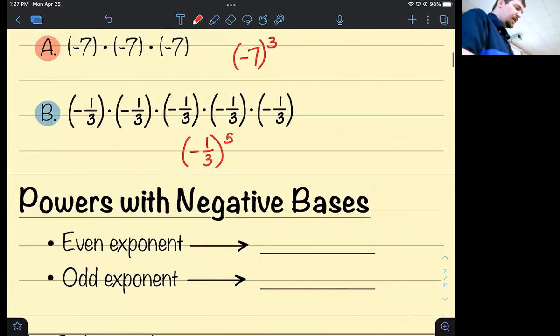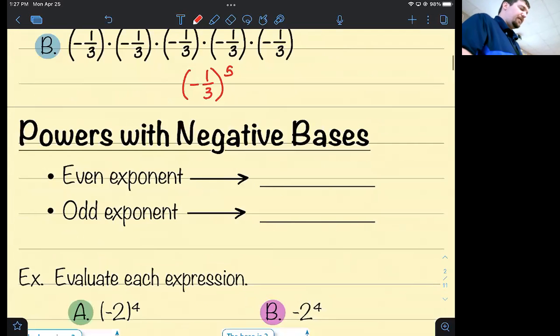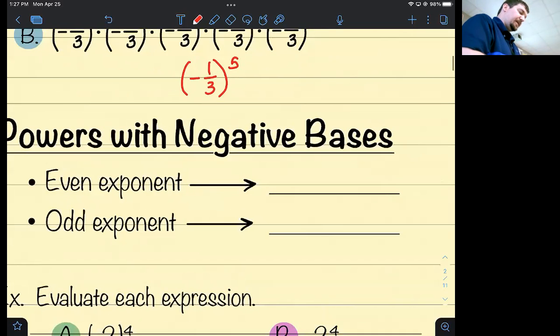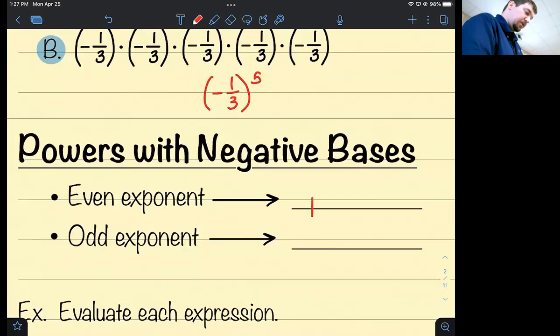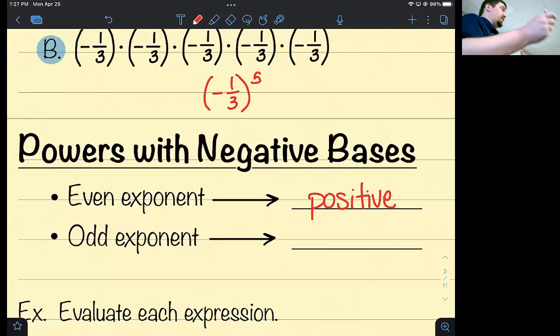Okay, so powers with negative bases. If your exponent is even, your answer is going to be positive. We already know that when you square a number, it's always positive. Whether your base is positive or negative doesn't matter because 2 negatives make a positive, 4 negatives make a positive, 6 negatives make a positive, 8 negatives make a positive.